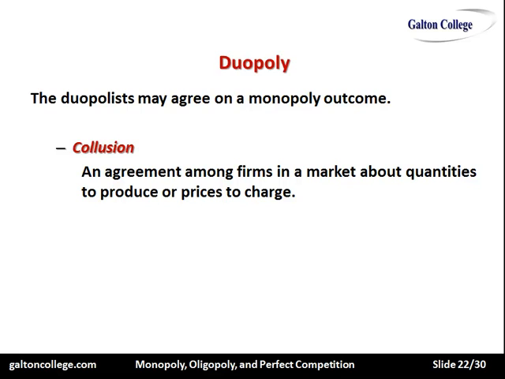Now, collusion is an agreement amongst firms in the market about quantities to produce or prices to charge. And collusion, generally speaking, is illegal. Generally speaking, it's certainly not seen as good commercial practice. It's operating against the public interest. Mind you, it's very difficult to know what the public interest is.